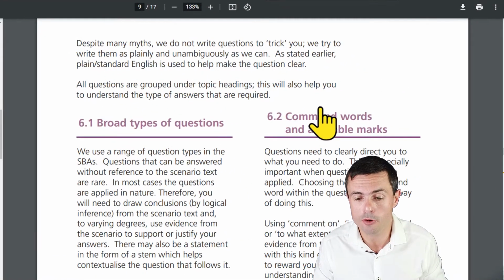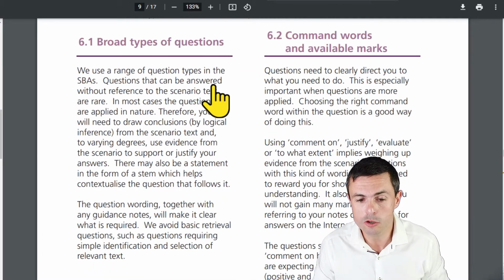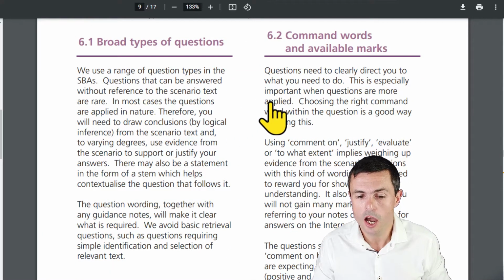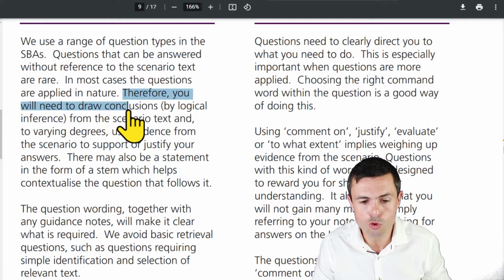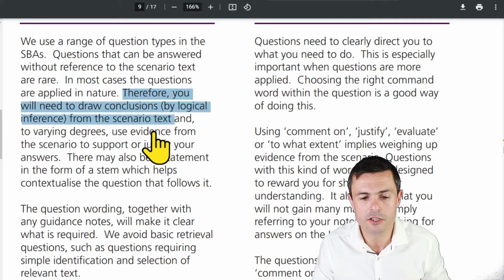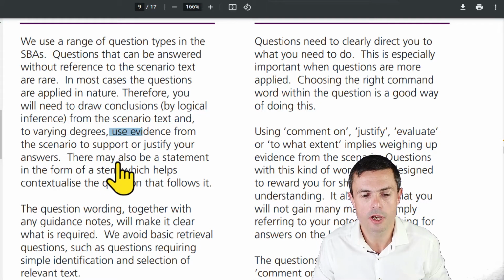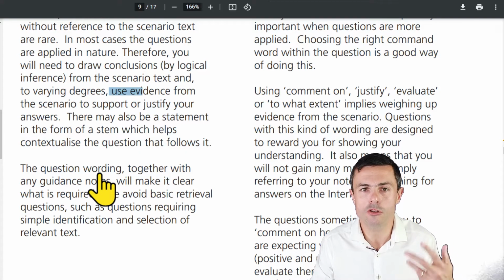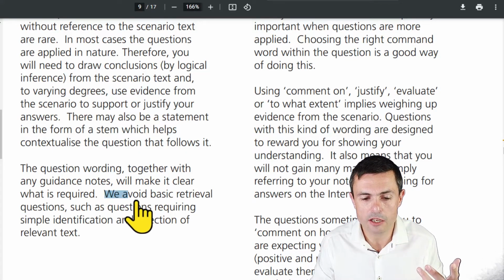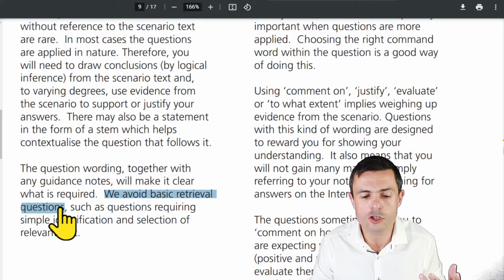This is the scenario-based guidance, and it talks about the question types. What they want to make very clear is that most questions will need you to draw conclusions from the scenario text using evidence, so their wording is going to direct you towards that, and they make it clear that they avoid basic retrieval questions.